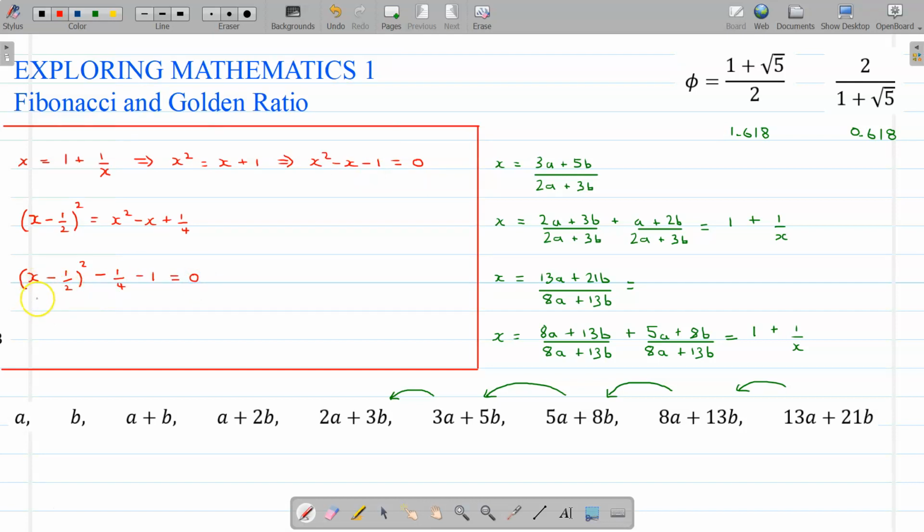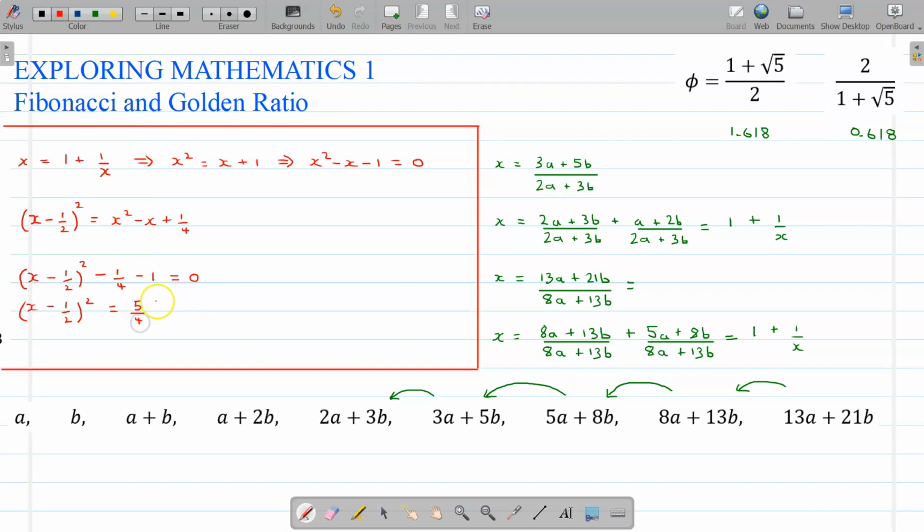Now this means that x minus a half squared, if I add the quarter and the 1 to the other side, gives me 5 quarters.